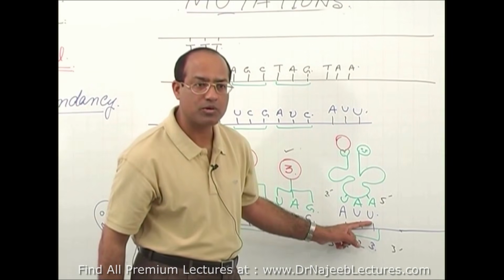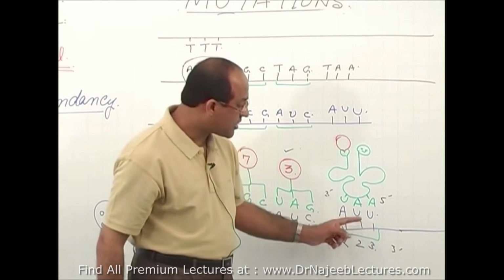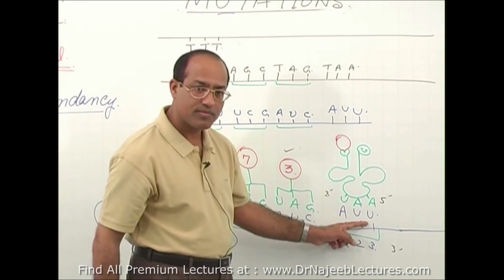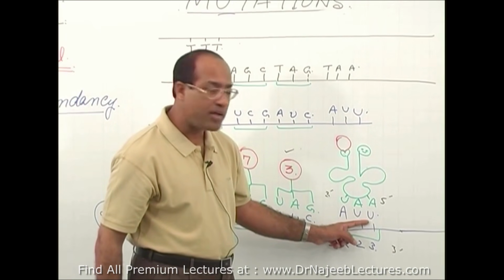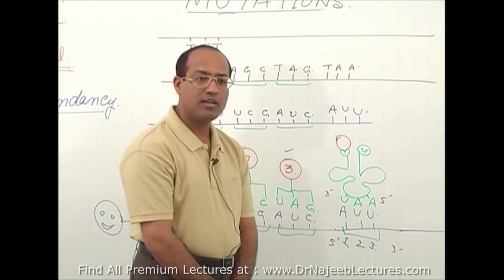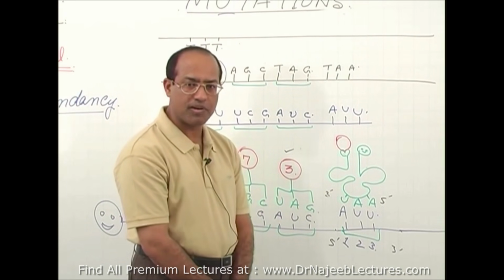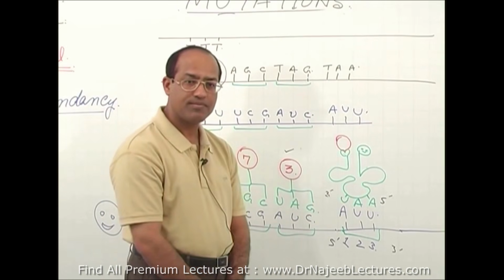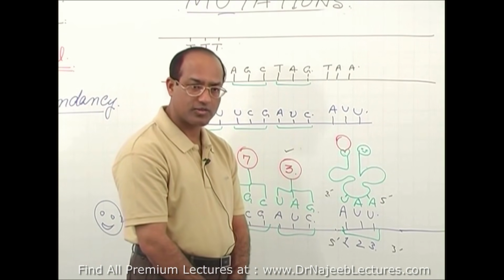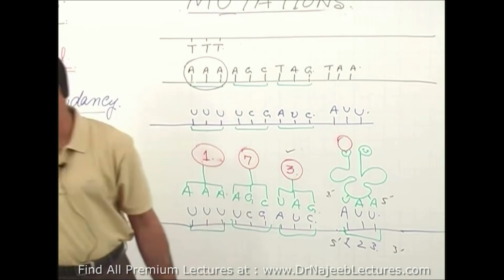This is the point which I want to highlight. Third, in codon, the third nucleotide may or may not be truly complementary or traditionally complementary with the first of transfer RNA. What do I really mean by this?